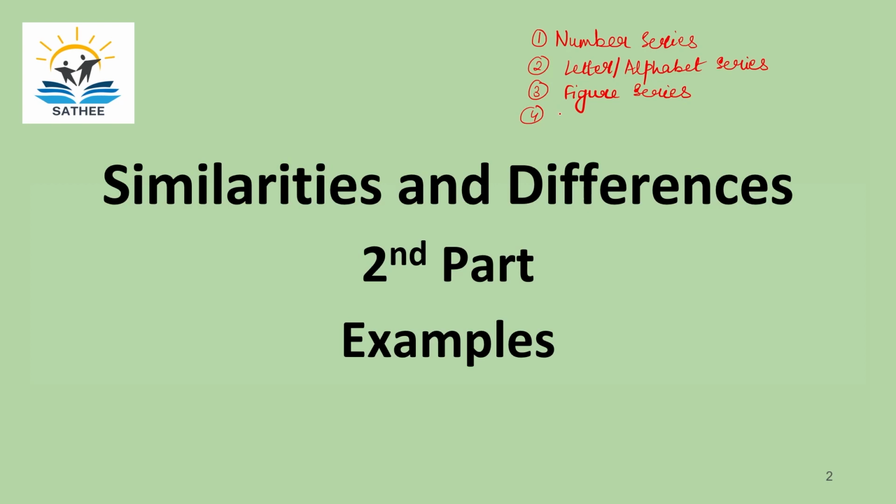Then there was another type called analogies. Then we discussed odd one out. And lastly, we discussed coding decoding analogies. So these are the 6 types of questions that can be formed from similarities and differences. In today's lecture, we will discuss some examples to get a better conceptual clarity.